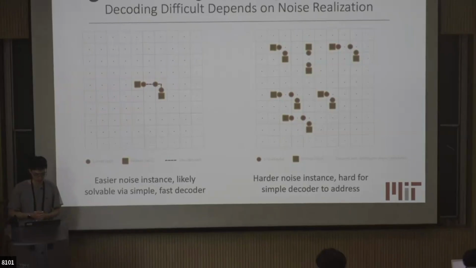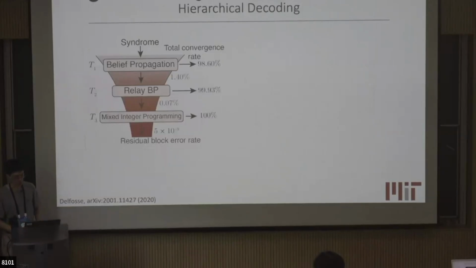So there's an additional axis one should think about on this earlier plot: the speed-accuracy trade-off also depends on the particular noise instance. It's an instance-based property. This motivated us to develop a hierarchical decoding method. After we finished and did some literature review, we found that Nicolas Delfosse had proposed something similar previously in the surface code setting.